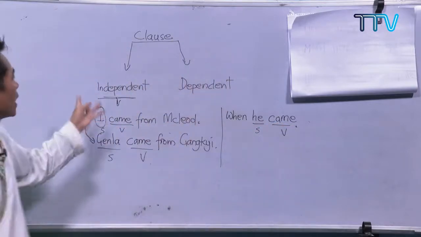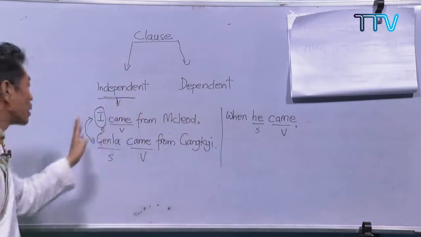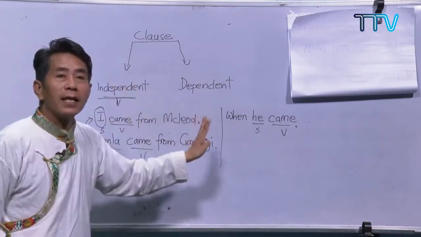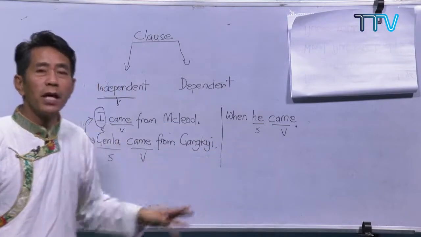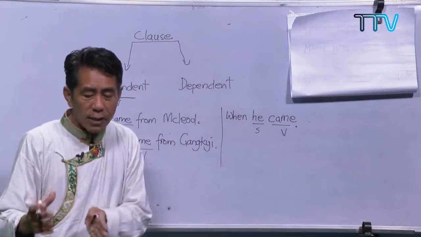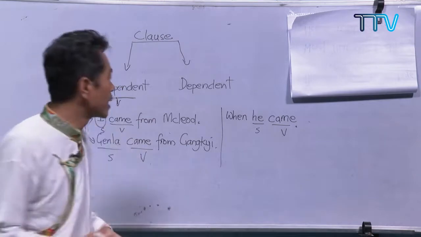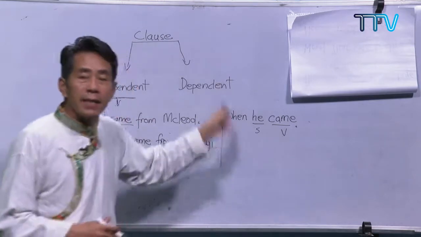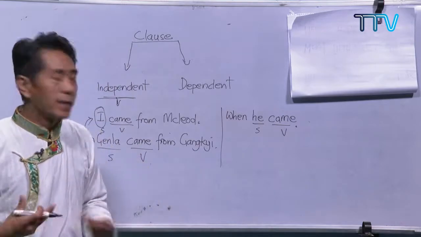But if we ask whether this is a dependent clause or an independent clause, we say that this is dependent. When he came, it does not make complete sense. When he came, there is some kind of pause. So what happened? In order to make this complete sense, it has to depend on another sentence.